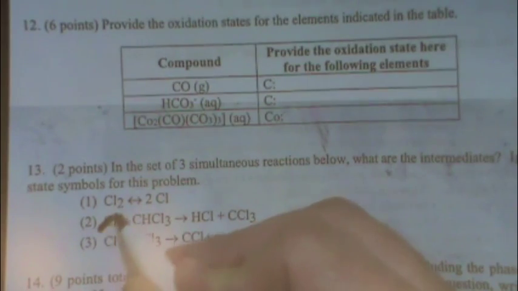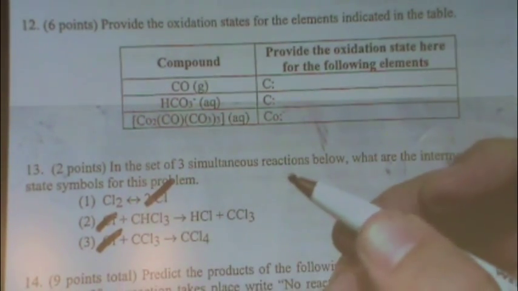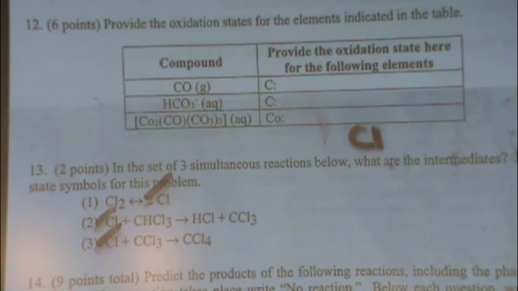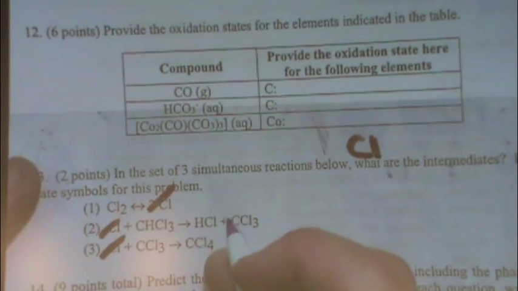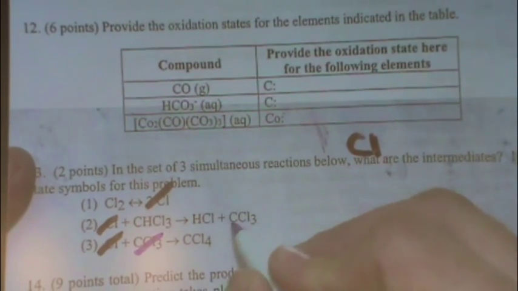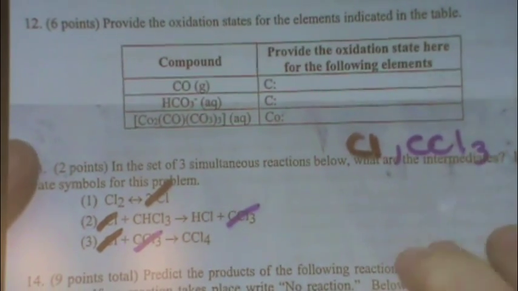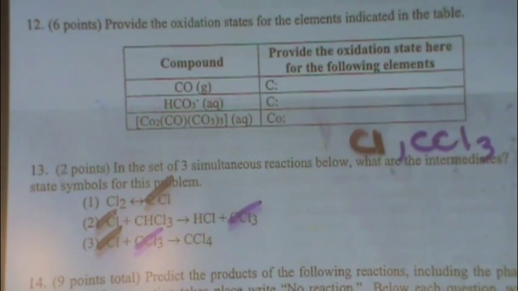Do you see the two Cl cancel if you just add them straight? Okay, what else cancels? Yeah, CCl3 here cancels. So those are the most likely intermediates.